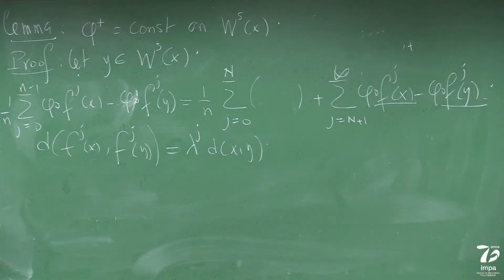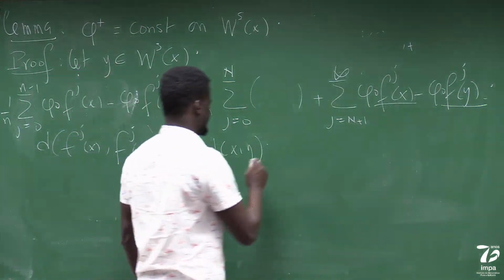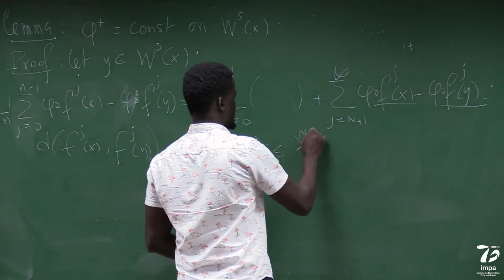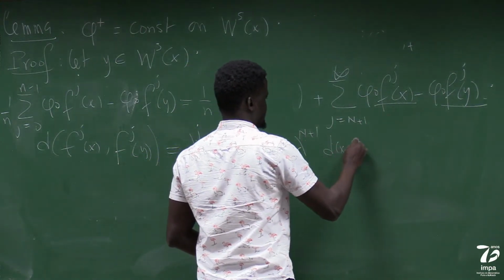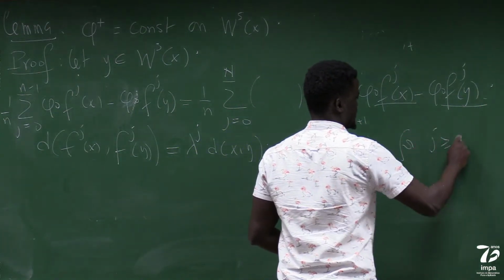If I were not on this simple case I would do something different, but let's stick to this case. And for j greater than N plus 1, this is less than lambda^(N+1) times the distance between x and y.